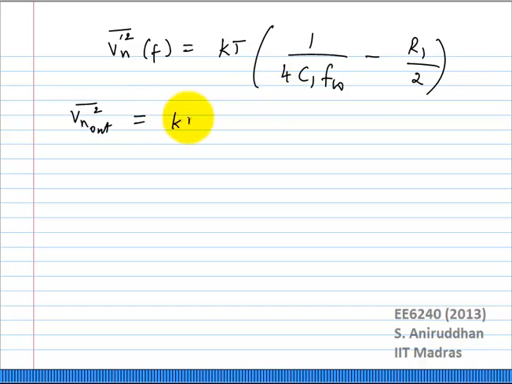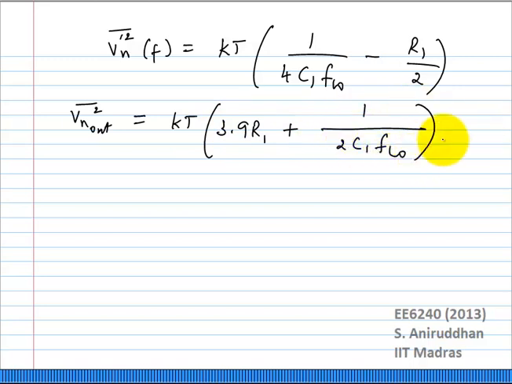It comes out to be kT times 3.9 R1 plus 1 over 2C1 FLO, and the conversion gain, GC squared, is 1 over pi squared plus 1 over 4. So now you can find out your input referred noise.